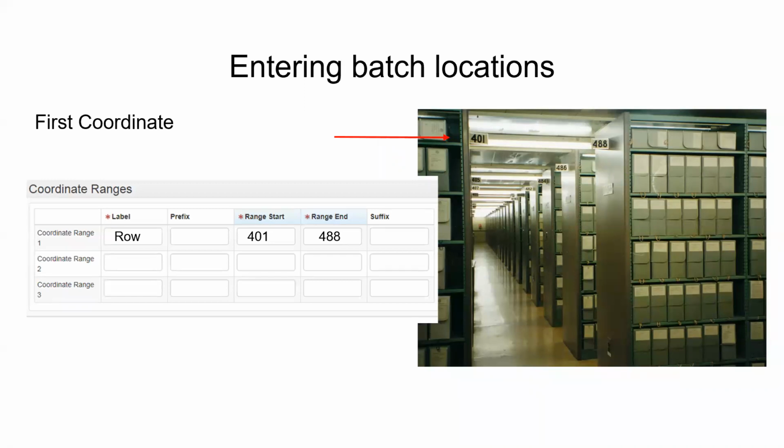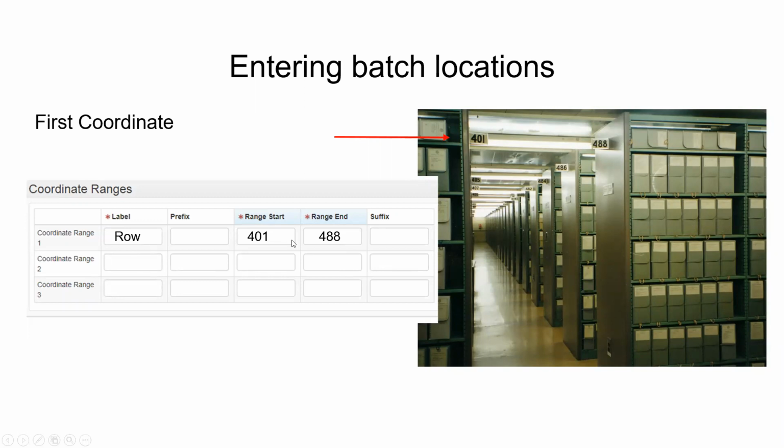Or it could be, as I said, the 488 could be just columns 1 through 5 down one side. Other people will track it by the aisle, the open space between. And so down one side of the aisle might be columns 1 through 5, and up the other side might be columns 6 through 10. We haven't really found a scenario that this can't handle.